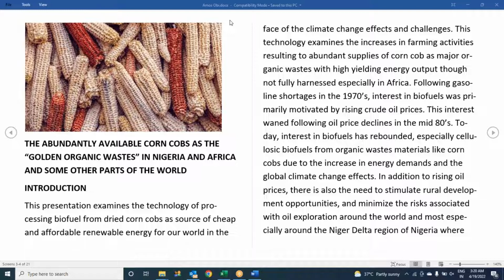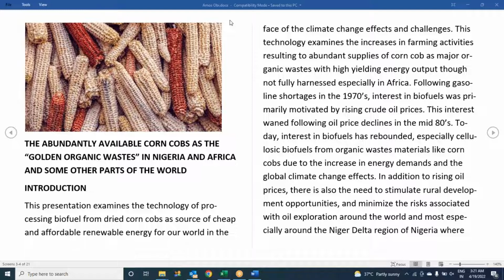It can salvage our world right now in terms of energy production and energy need for industrial use, domestic use, and even for farms. Corn cob has the potential to generate the needed energy with environmental sustainability. So if we want a cure for our world, we need to go back to corn cob.